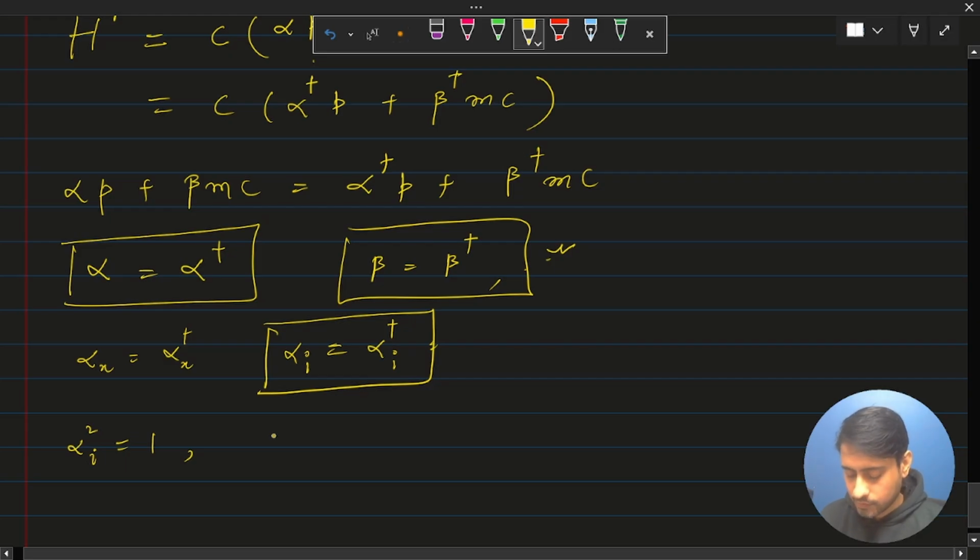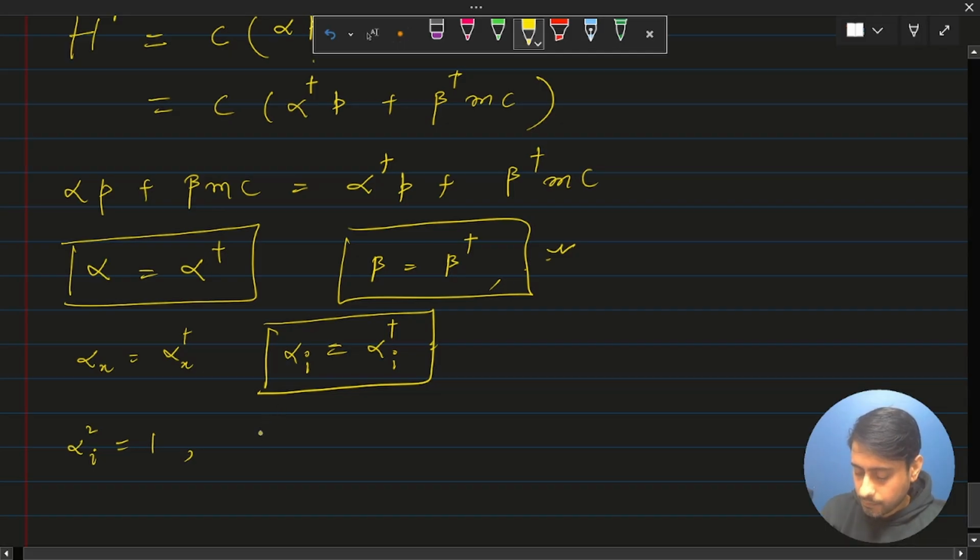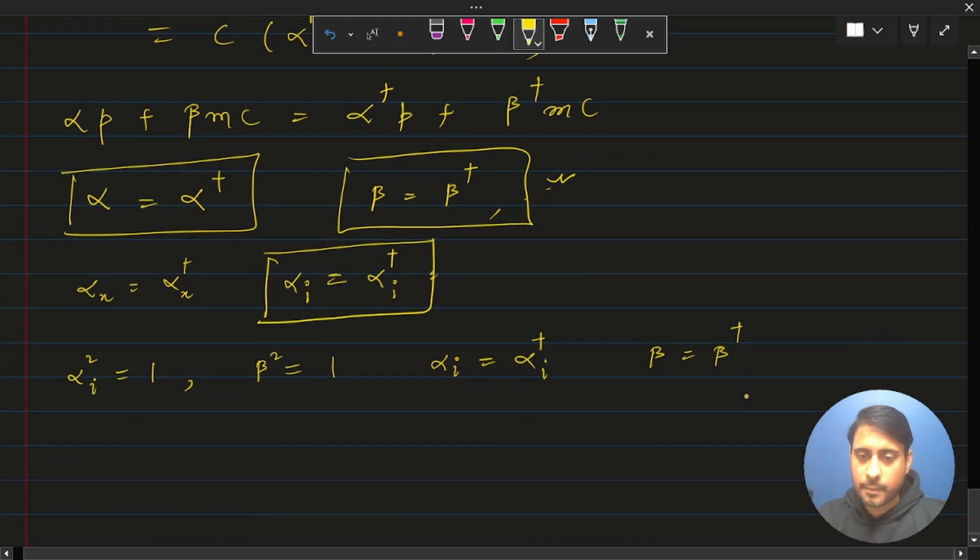So alpha x square equals 1, alpha y square equals 1, and alpha z square equals 1. Then we have beta square equals 1. Then we have alpha i equal to alpha i dagger. Then we have beta equal to beta dagger. Means these are also Hermitian in nature.